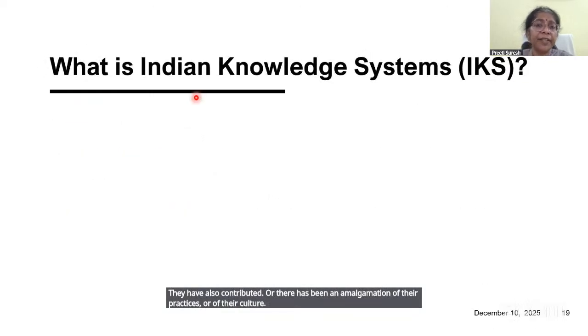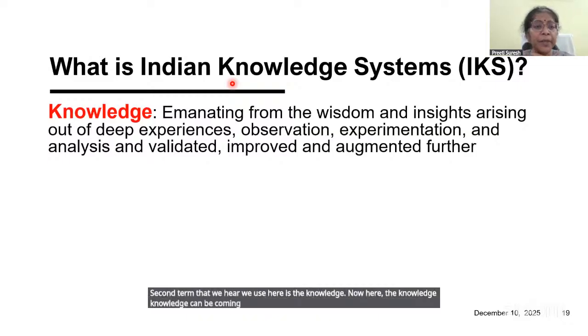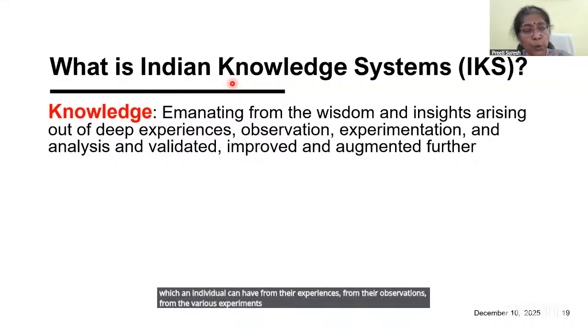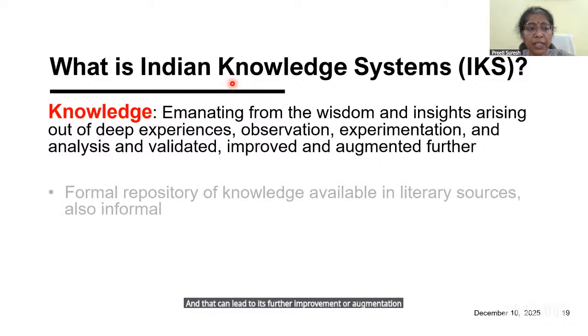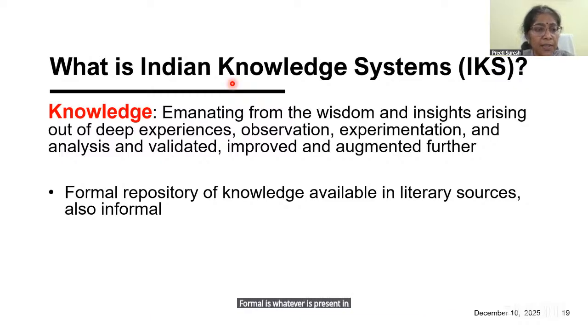The second term that we use here is knowledge. Now here the knowledge can come from the wisdom and insights which an individual can have from their experiences, from their observations, from the various experiments that they are doing, or they may be analyzing some data, or validating it, and that can lead to its further improvement or augmentation. So the knowledge here can be both formal, that is whatever is present in the literary sources, right?